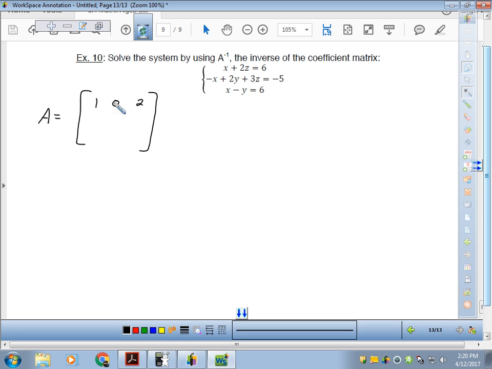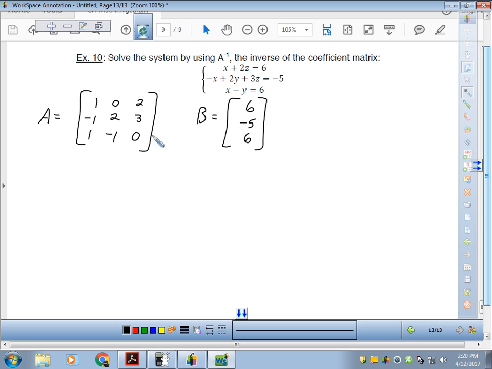For my second equation, I have -1 for x, 2 for y, and 3 for z. And in my last equation, I have 1 for x, -1 for y, and 0 for z. My B matrix is the matrix of the constants, which in this case is 6, -5, 6.